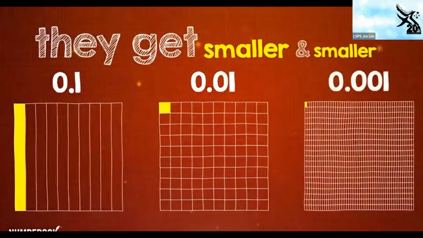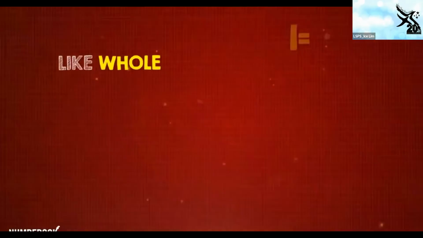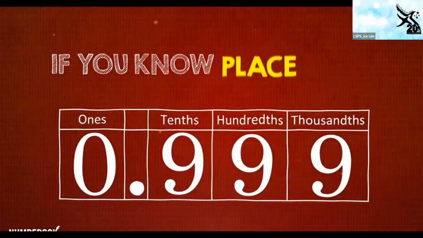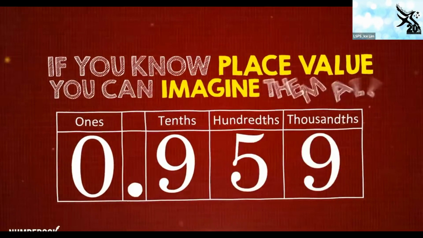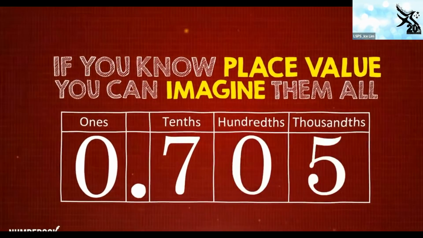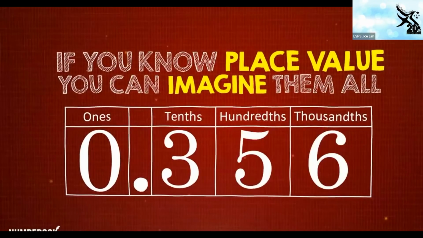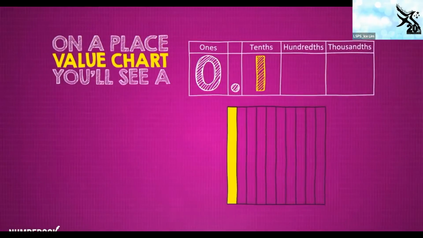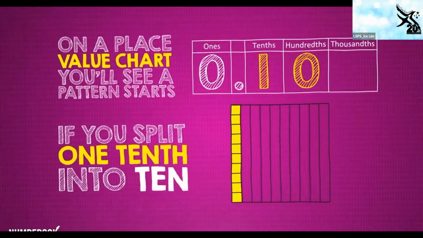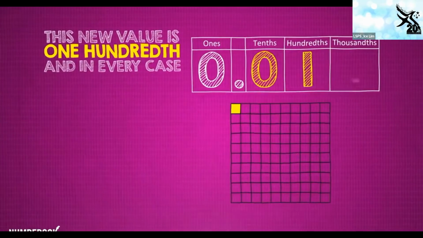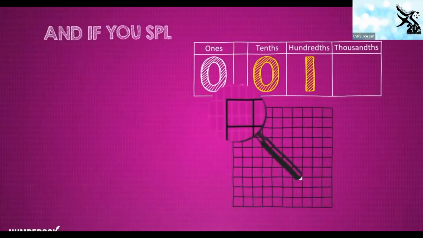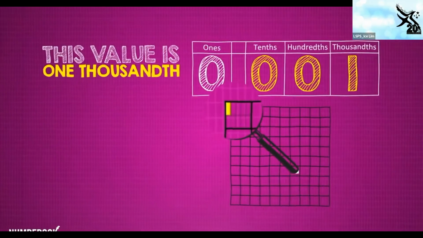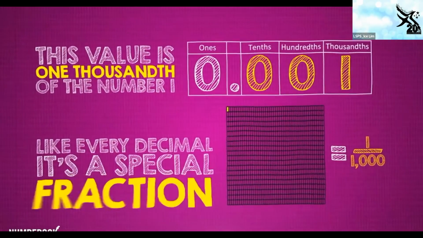They get smaller and smaller till they're barely inside. If you split 1/10 into 10 equal parts, this new value is 100th, and 100 hundredths equals 1 whole in the ones place. If you split 100th into 10 parts, that's the next place on the place value chart, 1,000th.